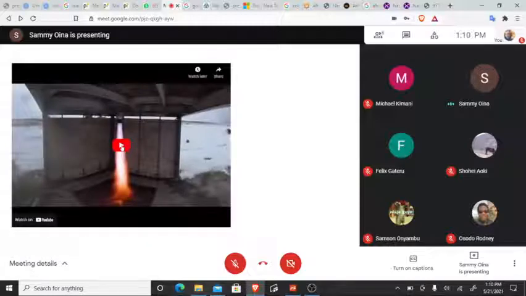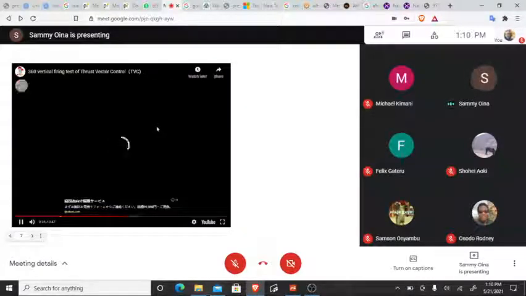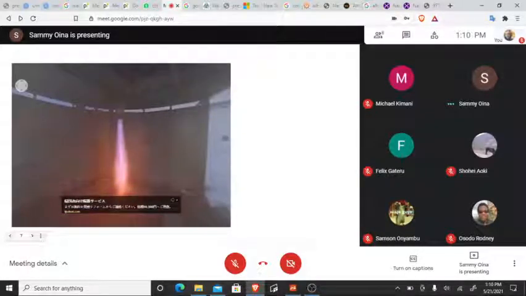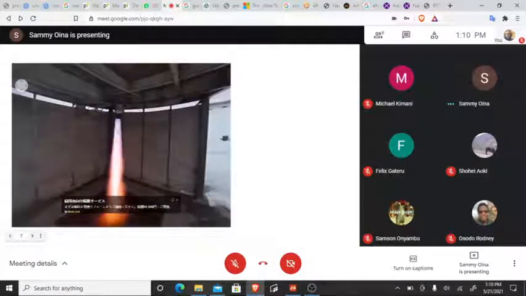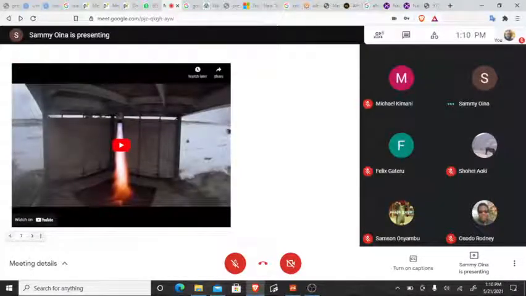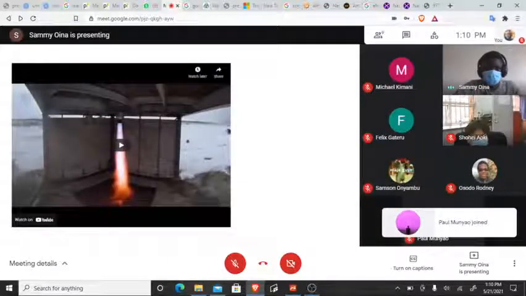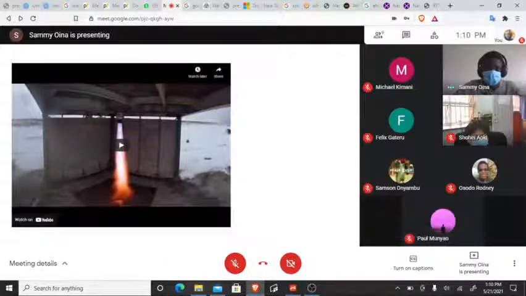Okay, this is an example for thrust vector control. For thrust vector control, the engine is gimbaled, meaning that it can move about a given axis.